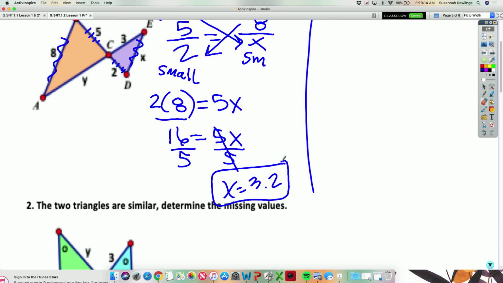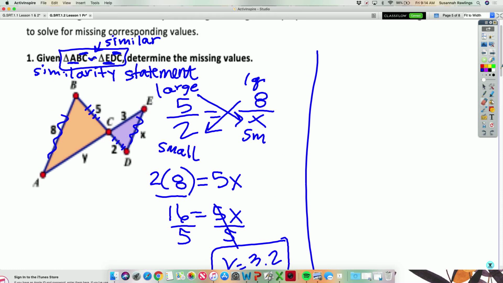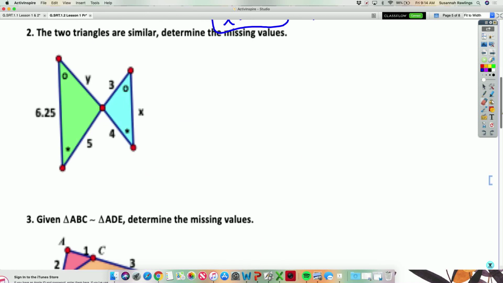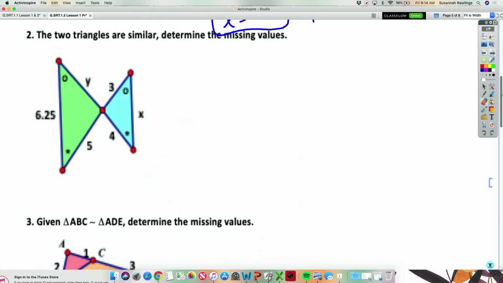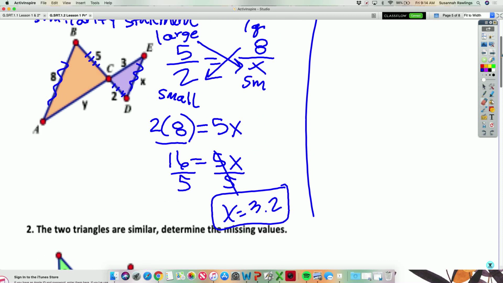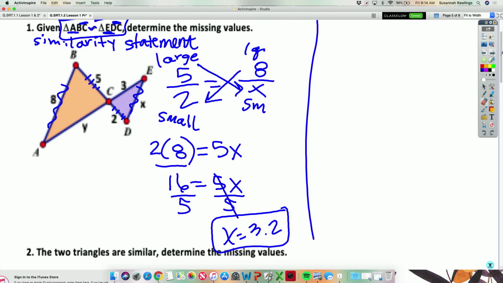Okay, we're going to use the same ratio to solve for y. You don't want to pick the one, like I could use 8 and now 3.2, but let's say we got this answer wrong. If we use that one again, we're going to get another wrong answer. You always just want to pick that first one and use it again. So I'm going to do 5/2, so large over small.